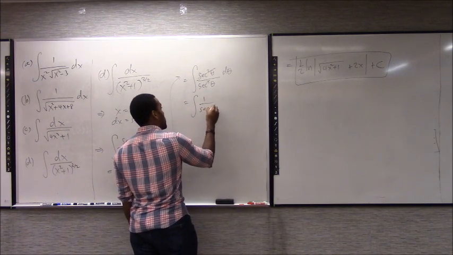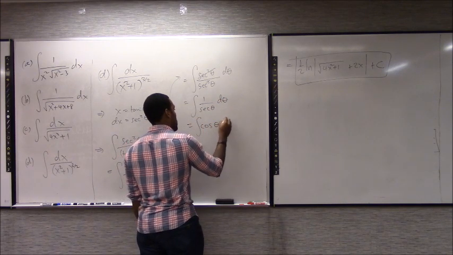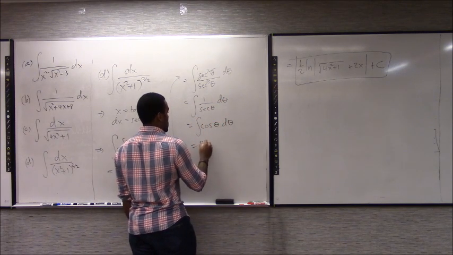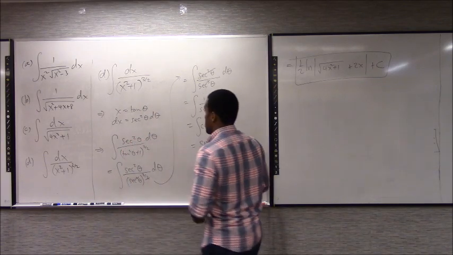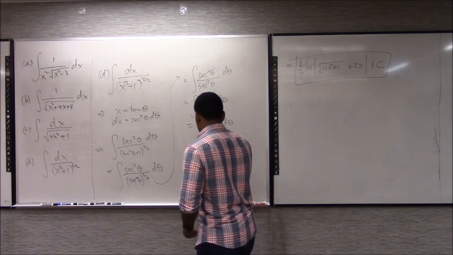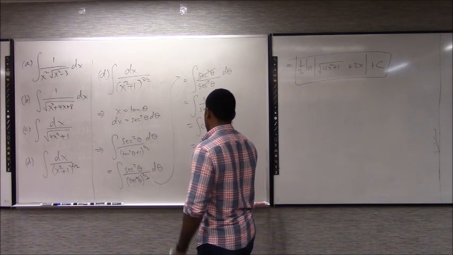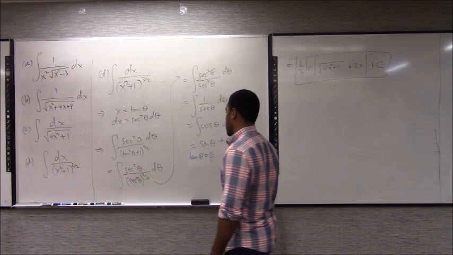So we get 1 over secant. Again, that's not so bad. This is cosine. Integral of cosine is sine. To figure out what the sine is, we are simply going to do the back substitution: tan theta equals x, think of that as x over 1.